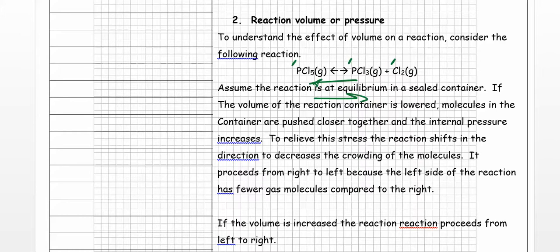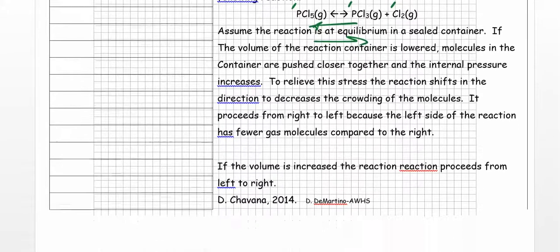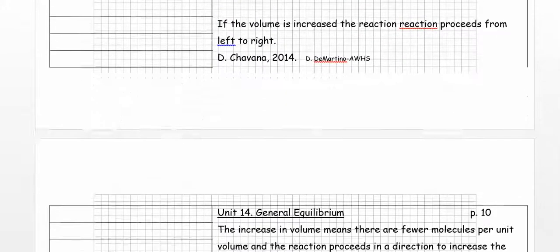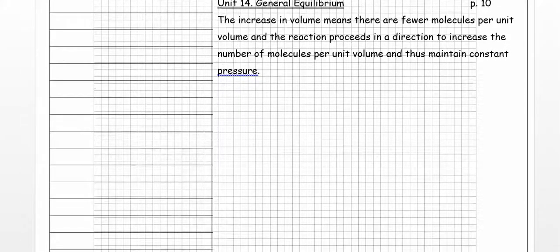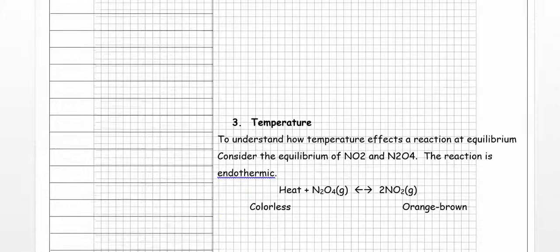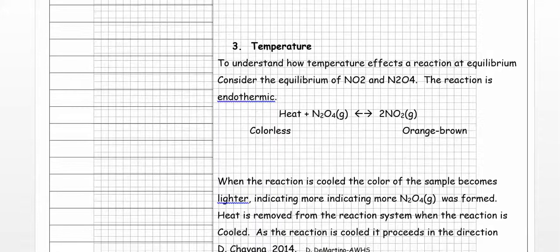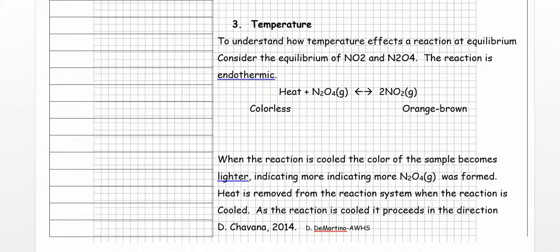Okay? All right. And the last type of stress that we want to talk about is temperature. All right. So let's just say, for example, that I were to tell you that this was an endothermic process.